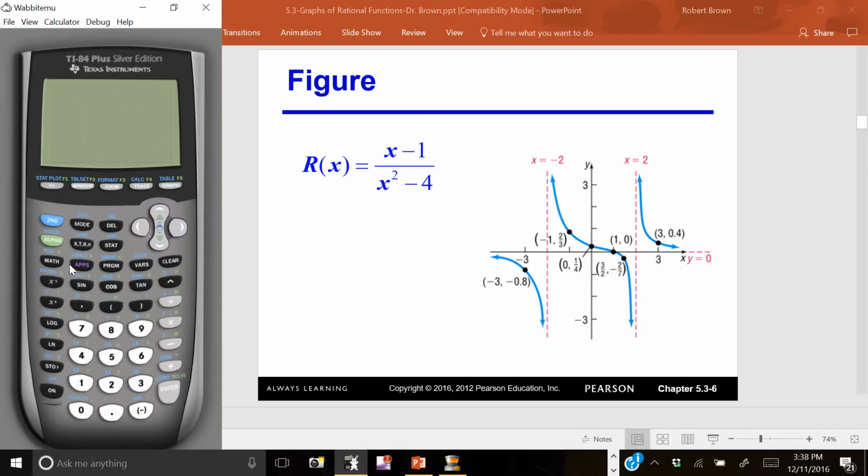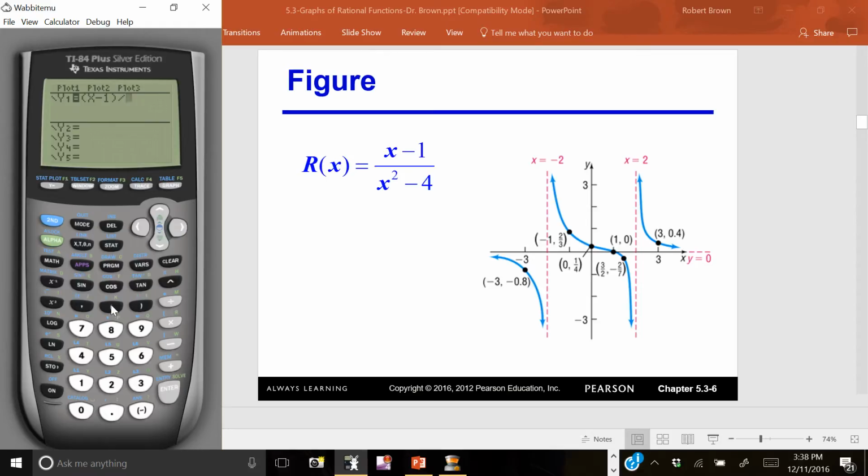For instance, clearing the y register, we'll now put this equation in using parentheses. It's very important to use parentheses so that the calculator knows what you mean to graph.